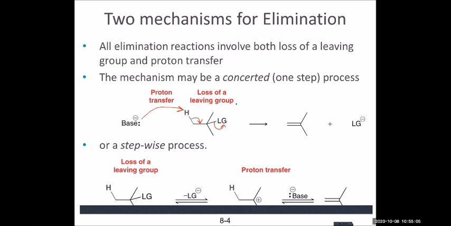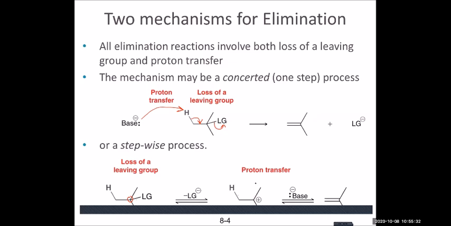This reaction can also occur through a two-step mechanism. That is when you have a good leaving group that forms a stable carbocation, just like in the SN1 substitution reaction. With a tertiary carbon, with three carbons bound to the same carbon, the leaving group departs and forms the carbocation.